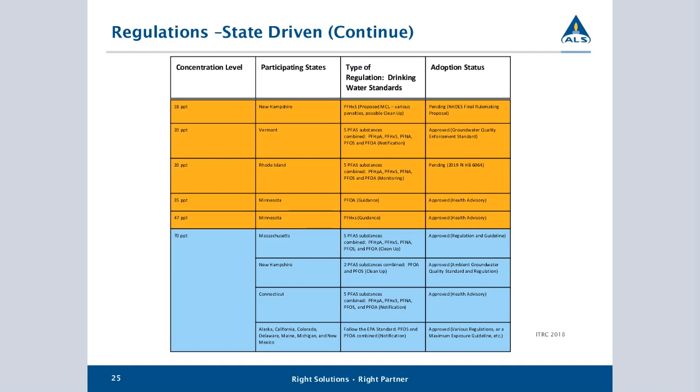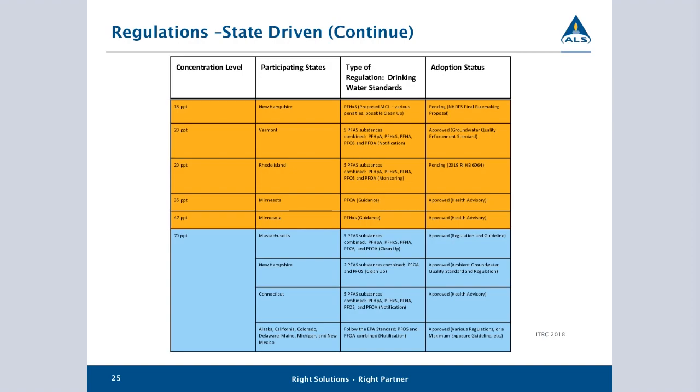So for example, in Massachusetts, the concentration level is 70 parts per trillion, where that's the health advisory limit, but it's a combined concentration level of 5 PFAS compounds. So if you have 70 parts per trillion of PFOA, you're over the concentration level. But if, of those 5 that are in that box, the addition of all of the concentrations that you find are above 70 parts per trillion, you are also considered over the concentration level.